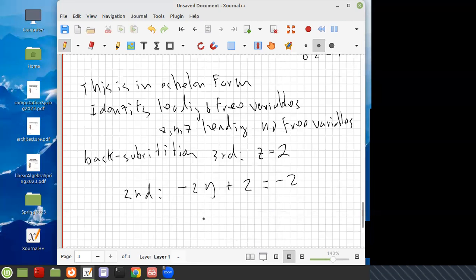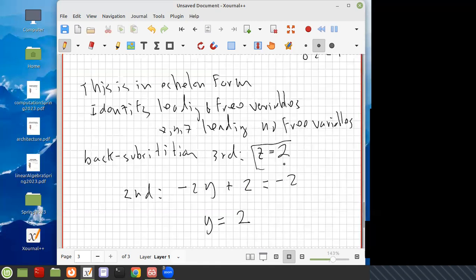And so this leads to y equals, well, I subtract 2 from both sides, I get minus 4. The minus signs would cancel, and I get y equals 2, because if I put back in, minus 2 times 2 is minus 4, minus 4 plus 2 is minus 2.